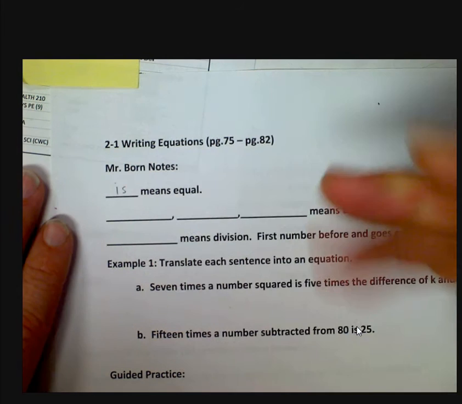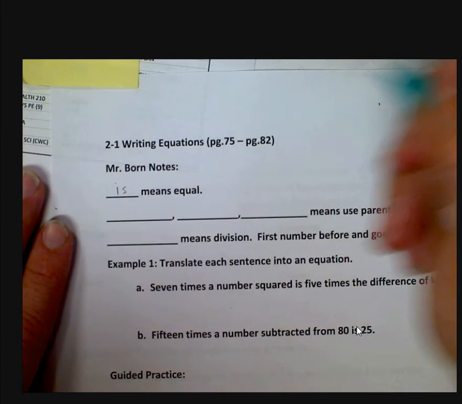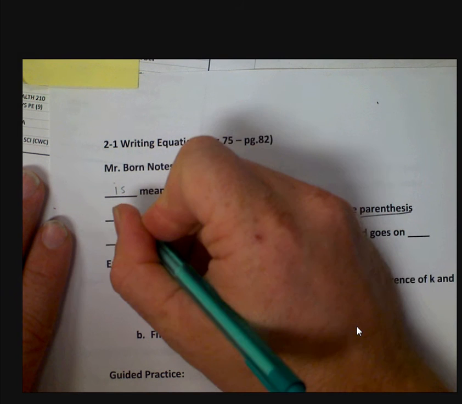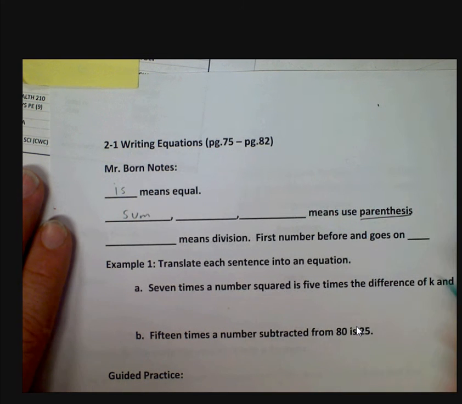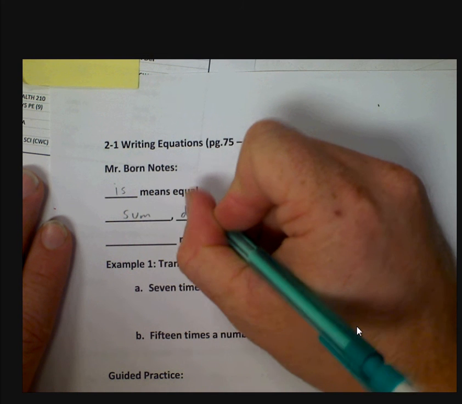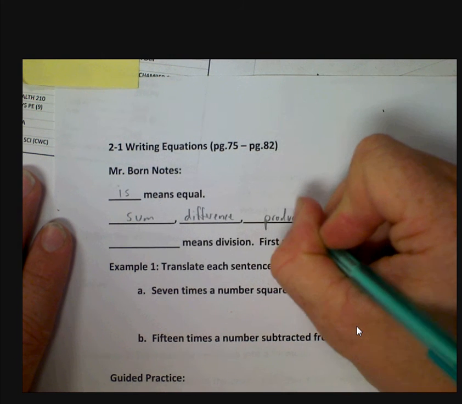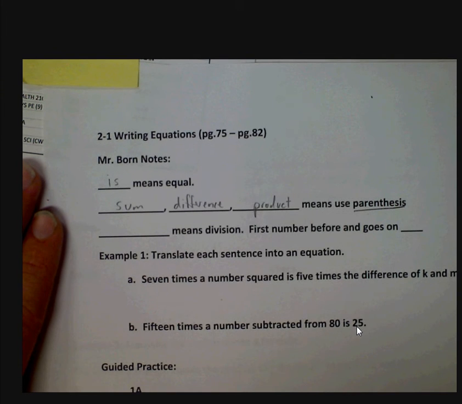Then whenever we're going from words to algebraic expressions, I need you to understand when we need to use parentheses. We need to use parentheses whenever we have the word sum, difference, or product. That means we need to go ahead and group what we need to group with that.